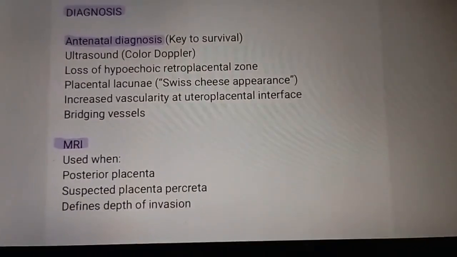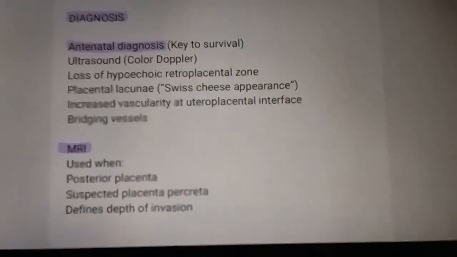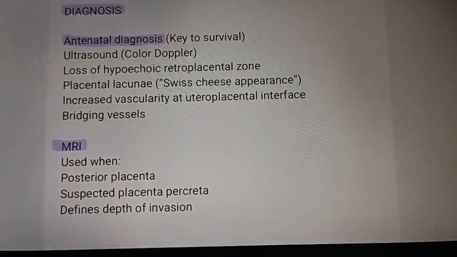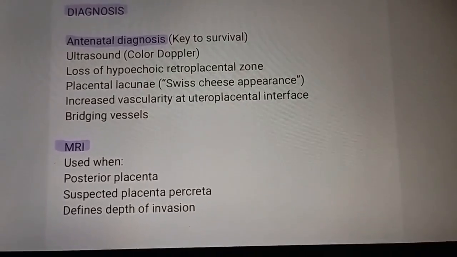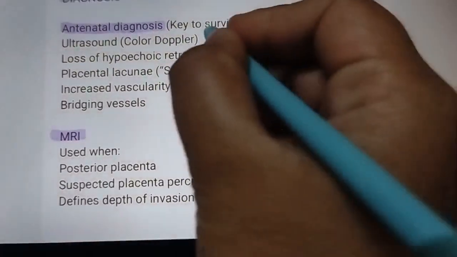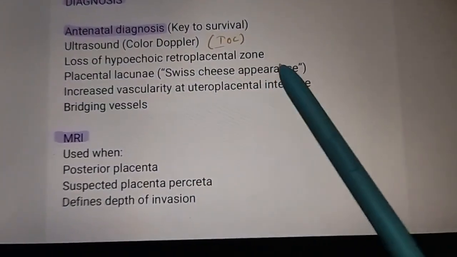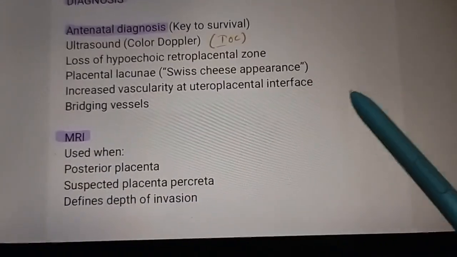Then how can we diagnose it? For antenatal diagnosis, we can use ultrasound Doppler. Ultrasound is basically the investigation of choice. In the ultrasound, there is a loss of the hypoechoic retroplacental zone.